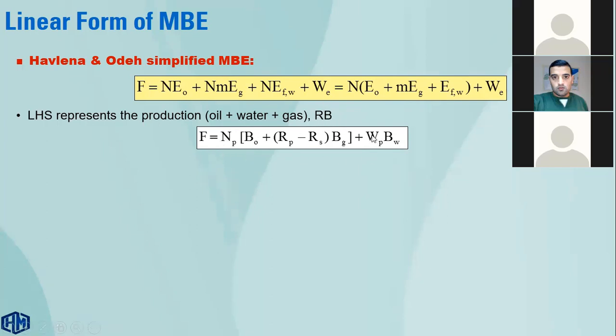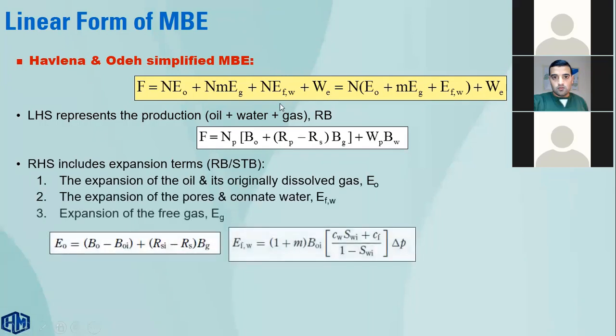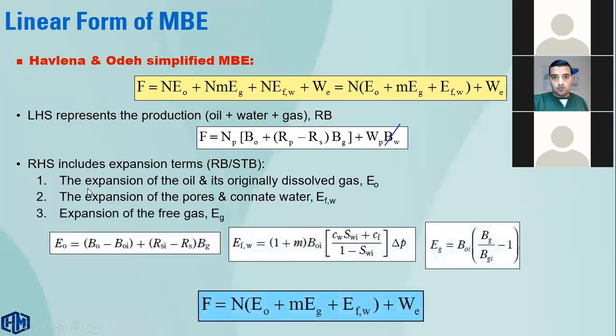This is typically similar to the general form of the material balance equation. On the right-hand side, we have the expansion terms in reservoir barrel per stock tank barrel: E sub O, expansion of oil and solution gas; E sub F,W, expansion of formation and connate water; and last one, E sub G, expansion of free gas.